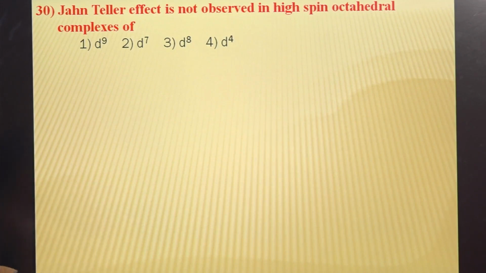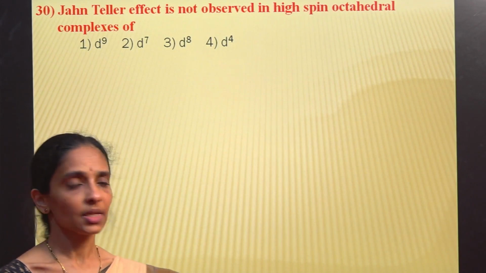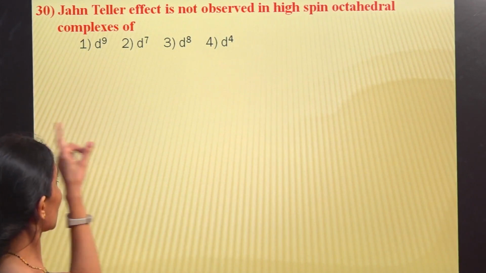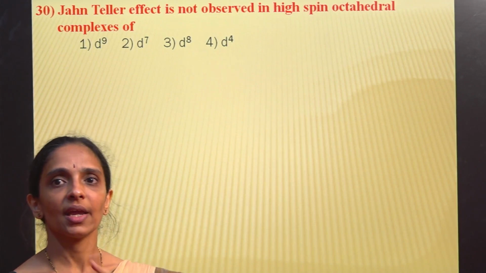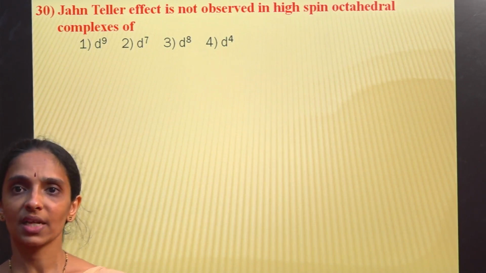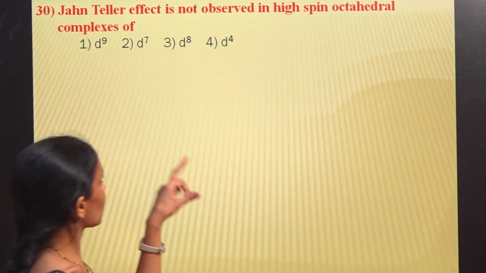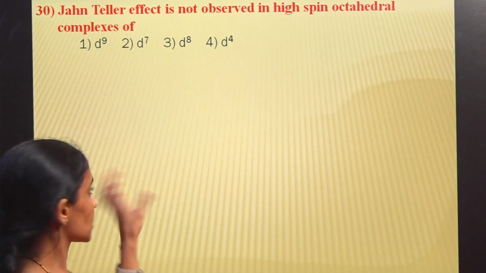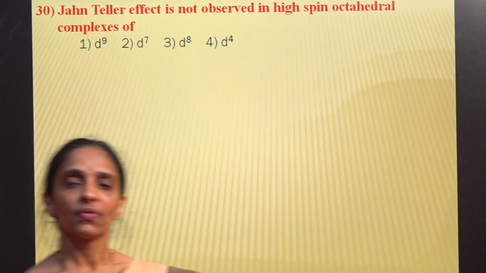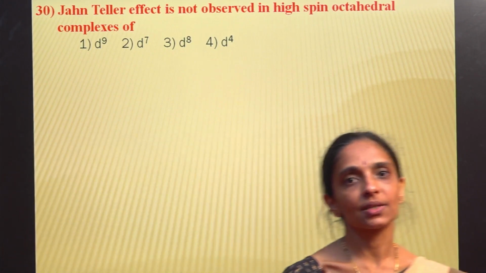This is the last question, the 30th question. It's a question on the Jahn-Teller effect. Though there is J-A-H-N in the name, it's pronounced as Jahn-Teller effect. Now, which of the following complexes do not show the Jahn-Teller effect? That is the question. First of all, let us see what this Jahn-Teller effect is.